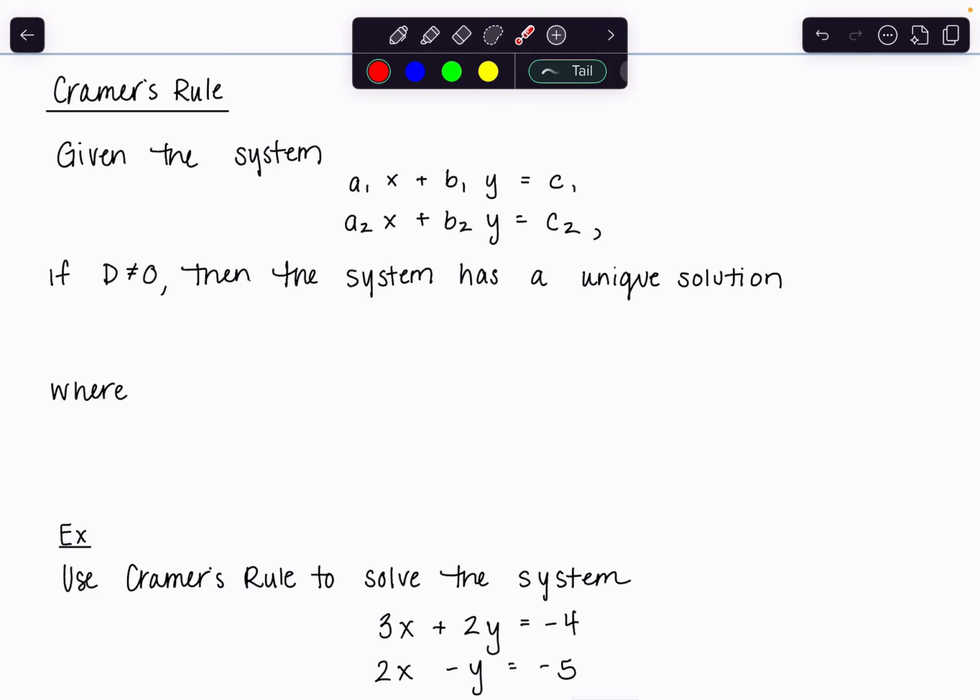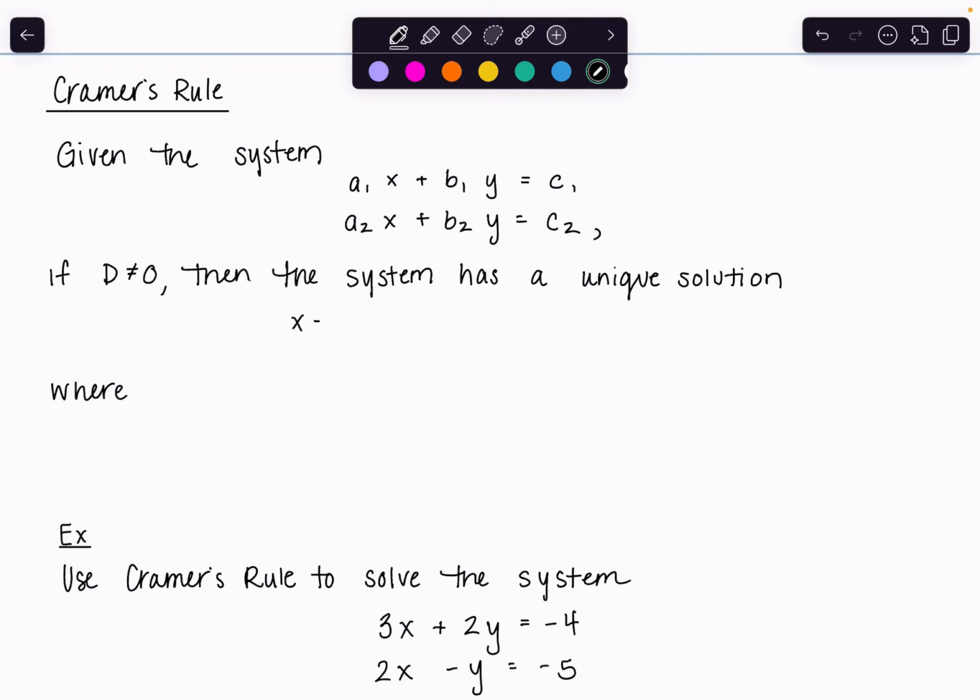Given this system where x and y are variables, the a's are the coefficients of x, the b's are the coefficients of y, and c is the constants at the end. As long as the determinant of this matrix is not 0, our system has a unique solution given by the following.